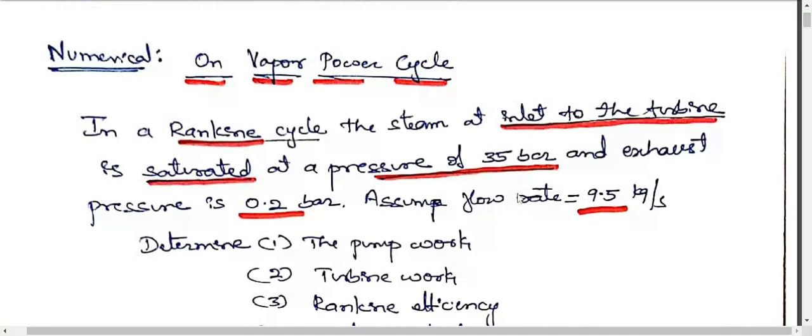So here they have given three data. Sufficient data is given here. He has given the boiler pressure, the condenser pressure, as well as the statement that the steam at inlet to the turbine is saturated. So point number one, the point at which steam passes to the turbine, should be on the dry line.